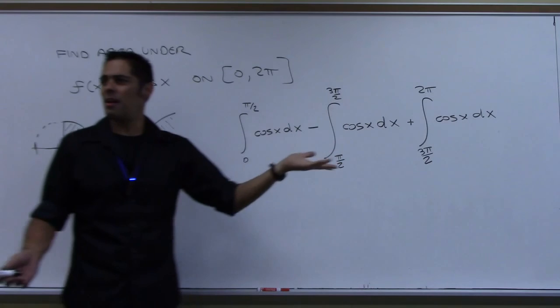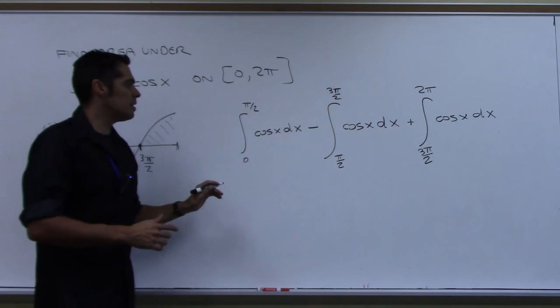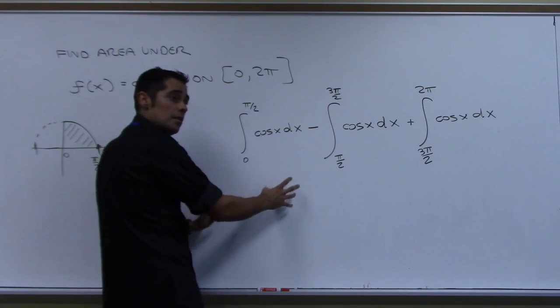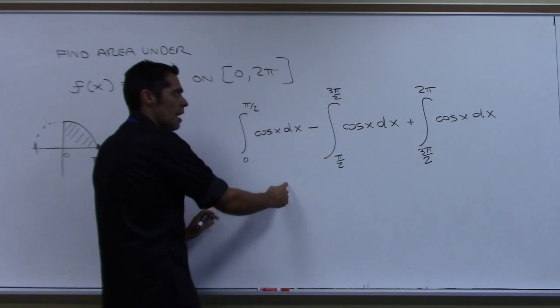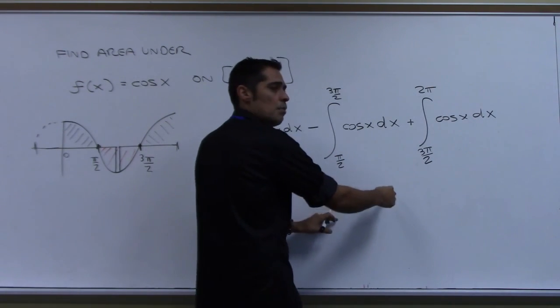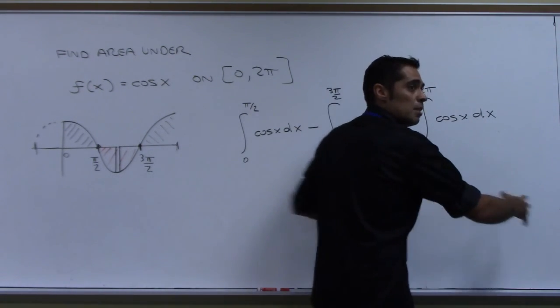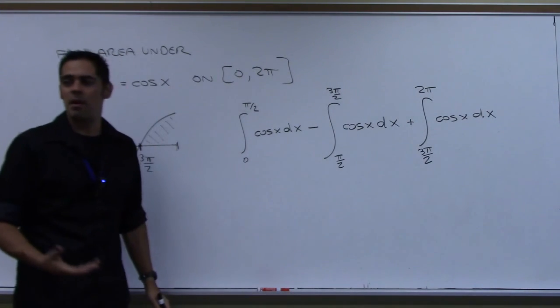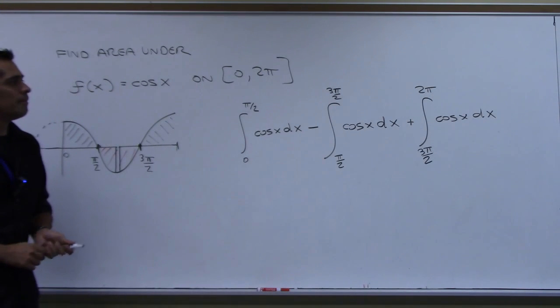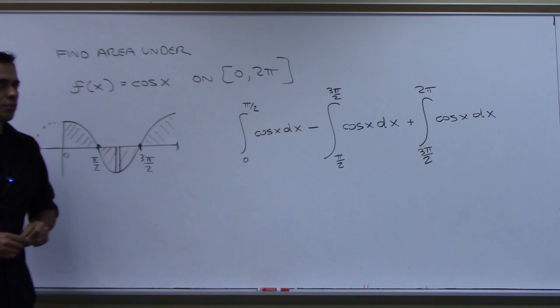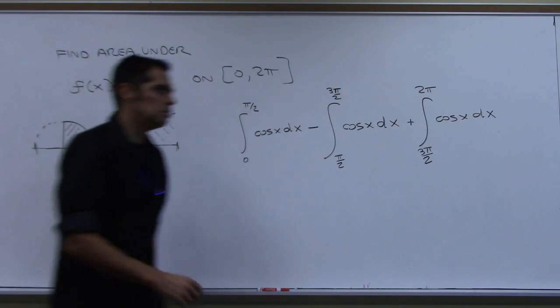The antiderivative of all of those is sine. The only difference between these 3 integrals is that at this one you're going to evaluate it at these 2 endpoints. And then on this one you're going to evaluate at these 2 endpoints. Here, these 2 endpoints. And when you put this all together, you should get a positive number. I believe it's 2, but I could be wrong.